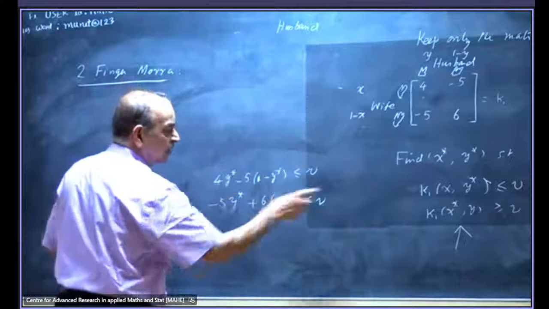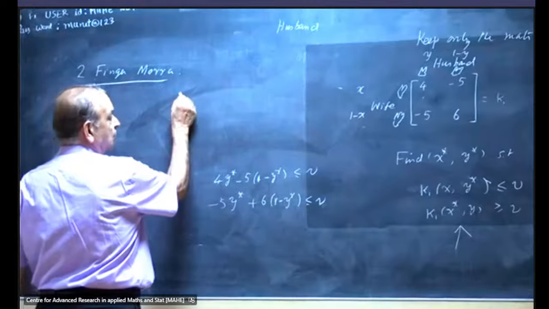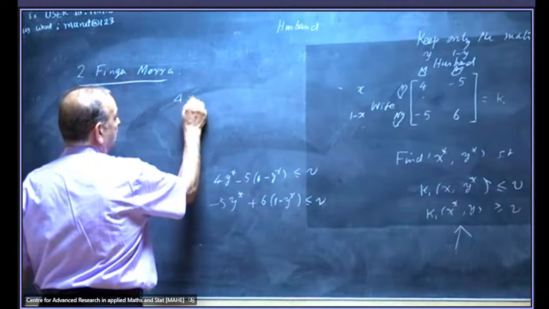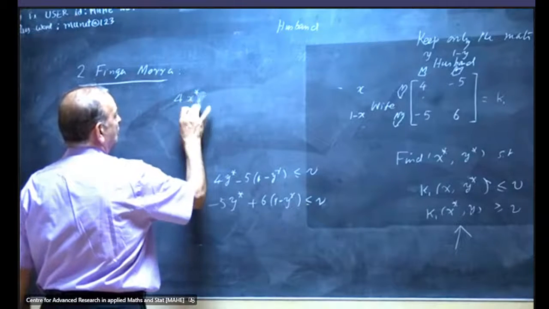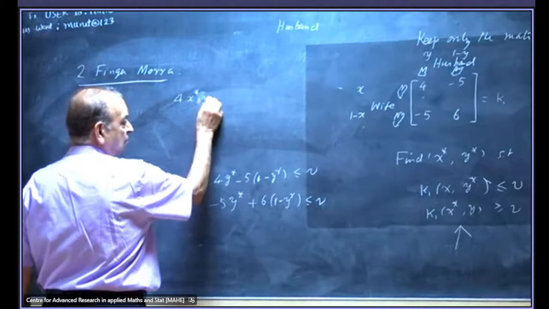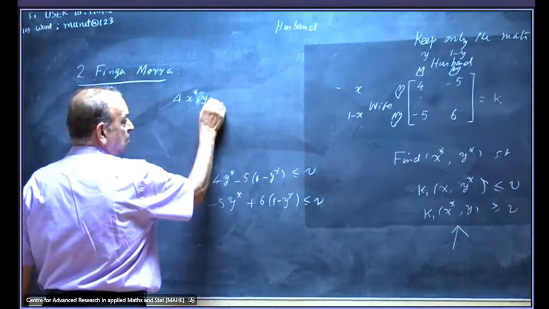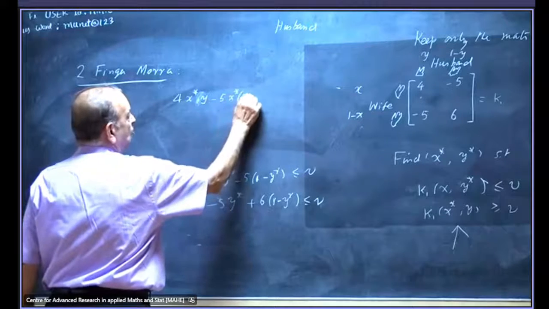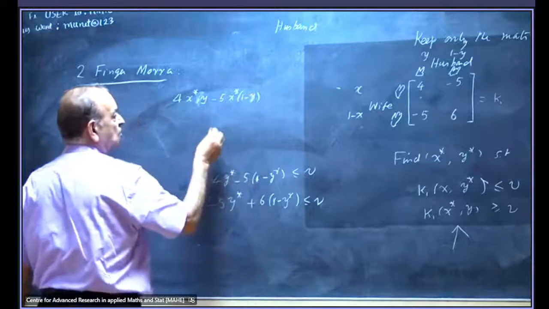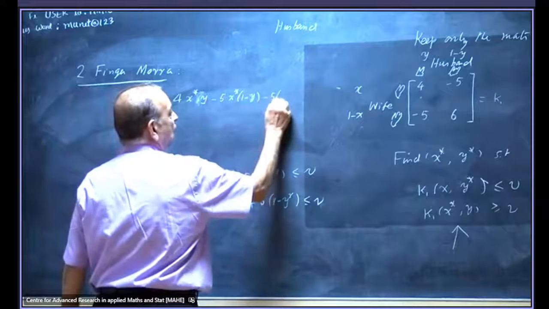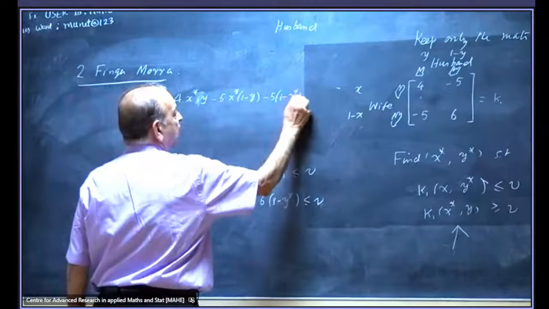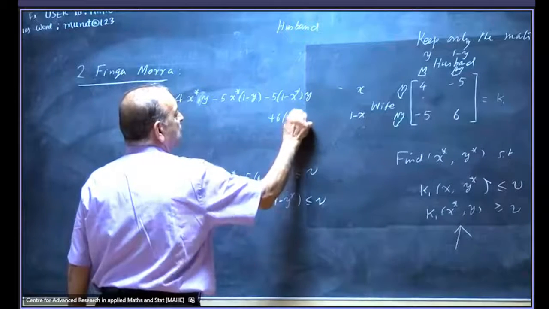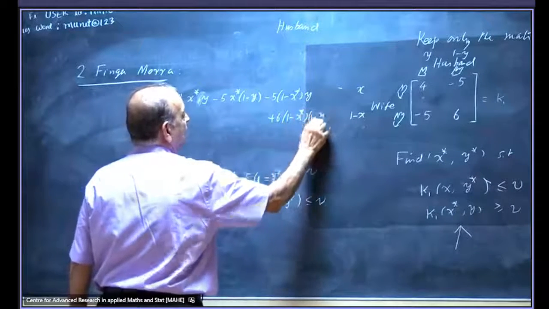Now I am going to write down this one: 4 x star times y, minus 5 times x star times 1 minus y, minus 5 times 1 minus x star times y, plus 6 times 1 minus x star times 1 minus y.